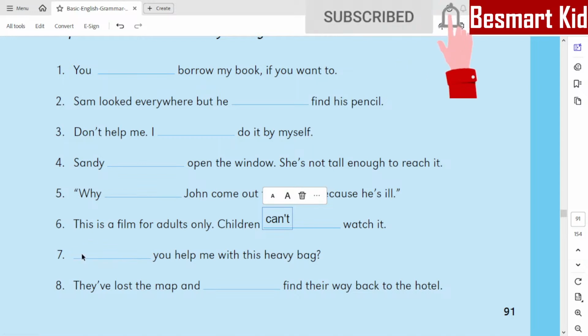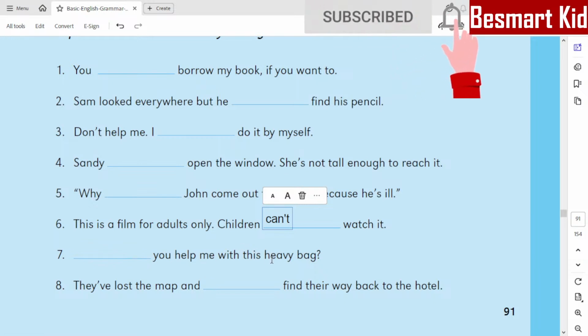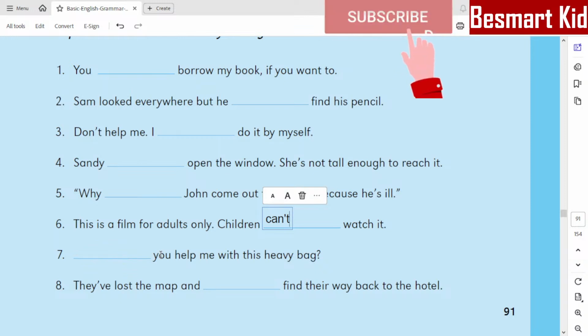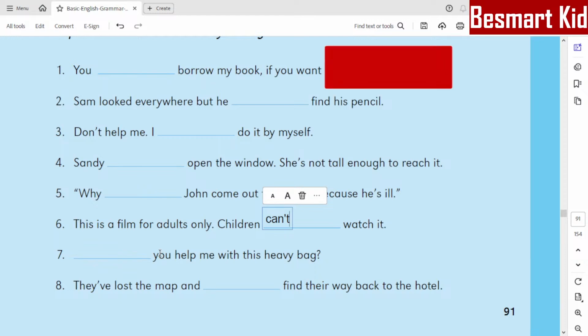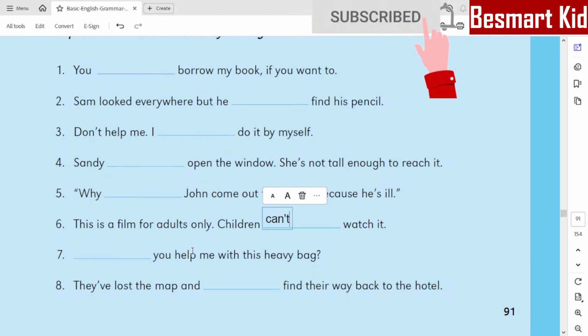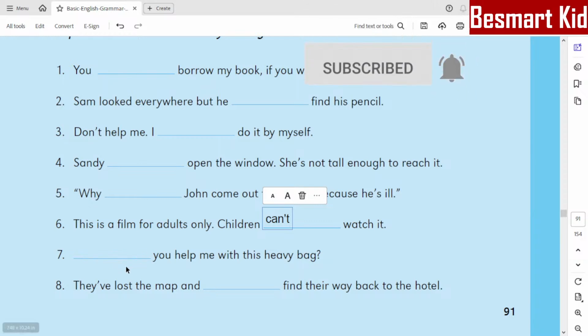For example, here, question number 7, it says, dash you help me with this heavy bag. When you finish, you see it's a positive sentence. You can say here, can't you help me?